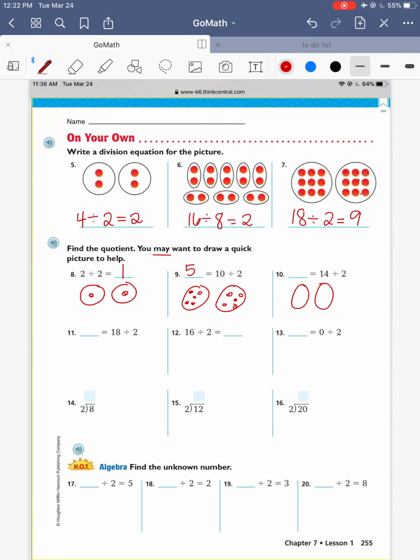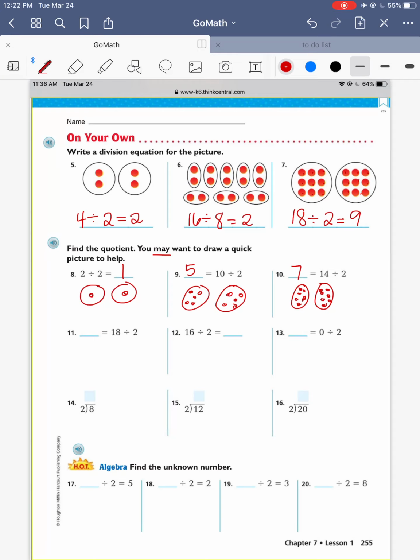14 divided by 2, so make 2 groups and then give each group 1 counter until you get to 14, 6, 7, 8, 9, 10, 11, 12, 13, 14. So 1, 2, 3, 4, 5, 6, 7.